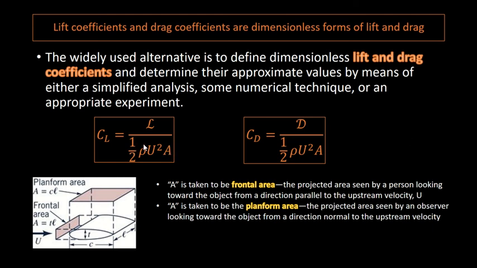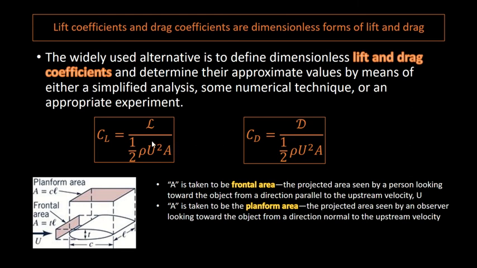Half rho U squared is the dynamic pressure, so remember your Bernoulli equation, where there is dynamic pressure. While the drag coefficient is the drag force divided by half rho U squared A.